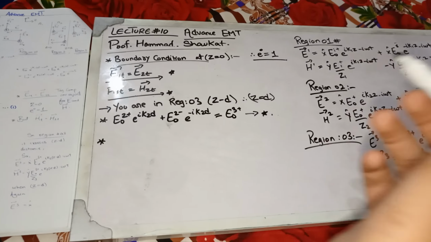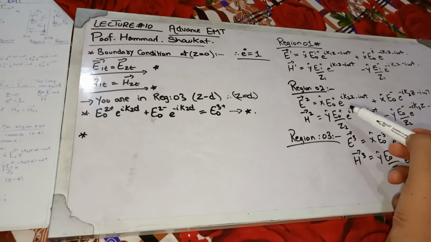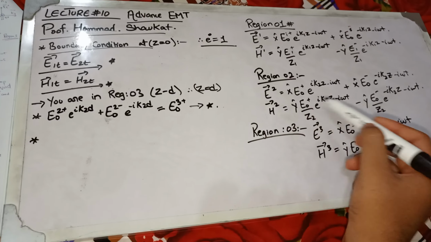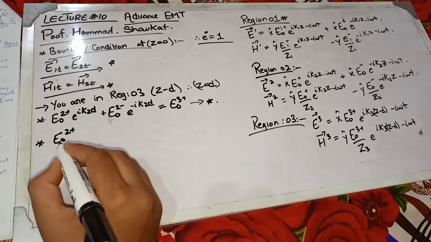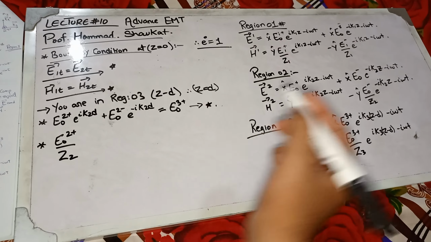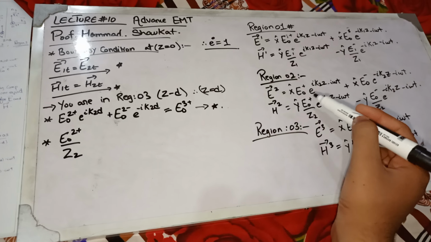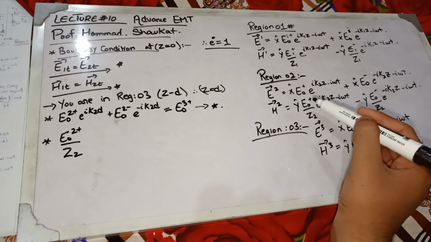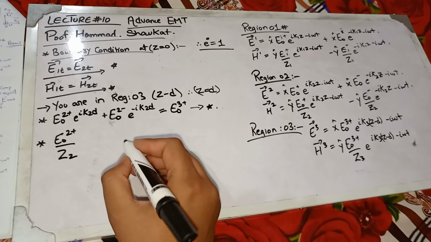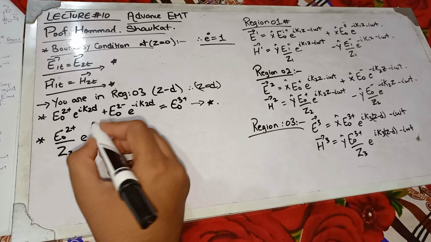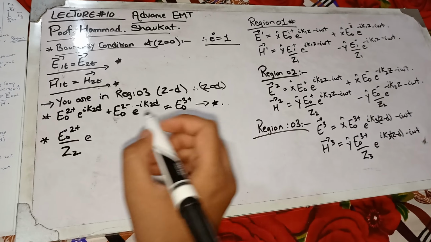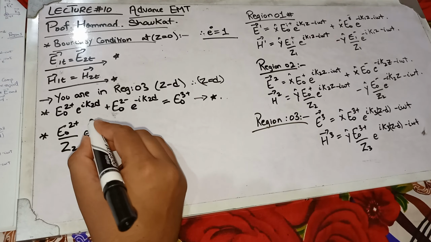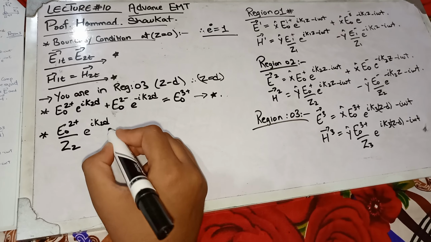So how can you write it? This equation becomes E naught 2 plus divided by Z2, because you are in the second region, that's why 2 plus, times e power iota k2 d, because z equals d.